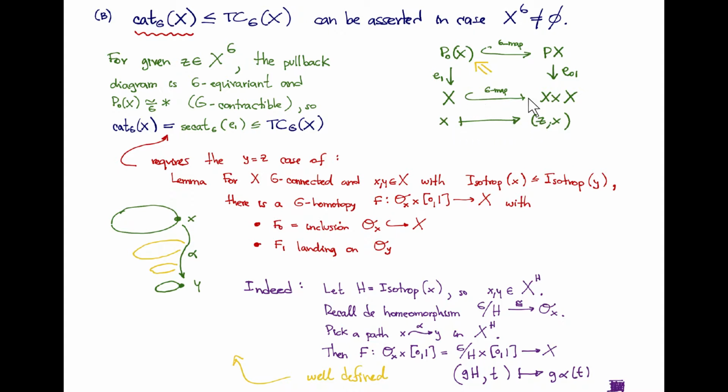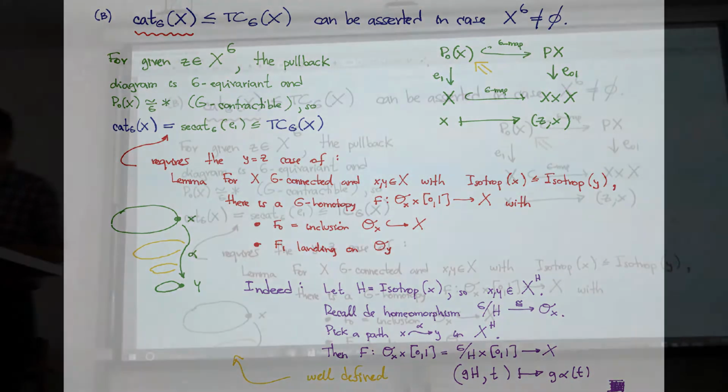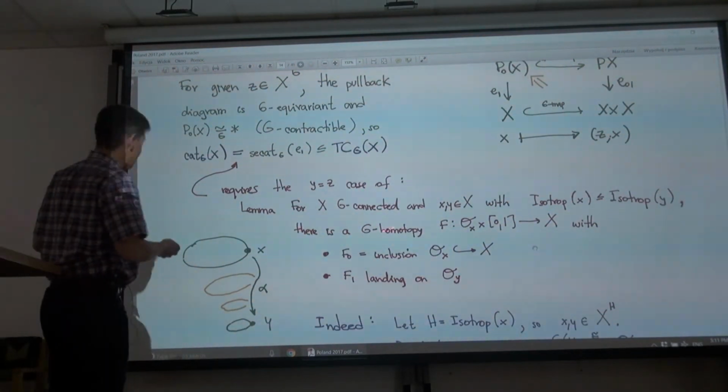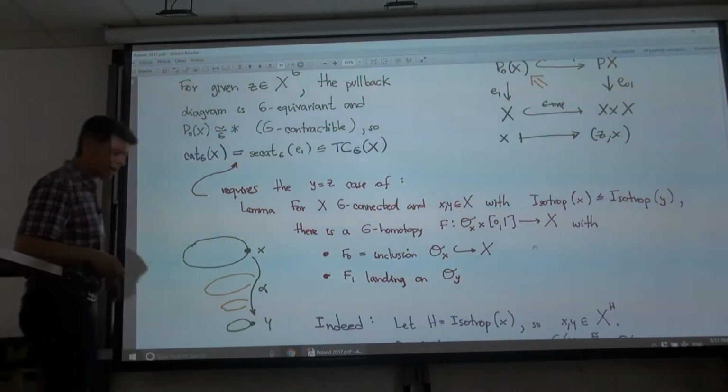Since this is a fixed point, this is a G map, and the pullback would then give you a G fibration, which would be G contractible. That's quite easy to see. And therefore you get this inequality, which essentially tells you that the equivariant category bounds from below the equivariant topological complexity.